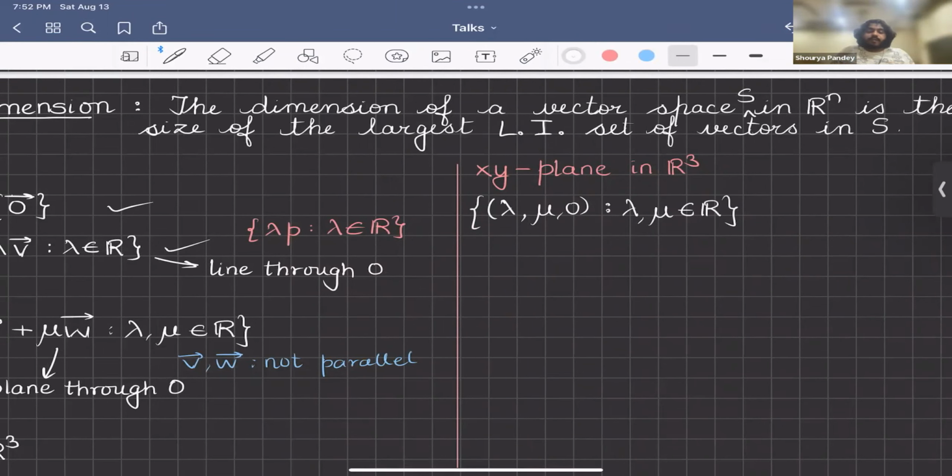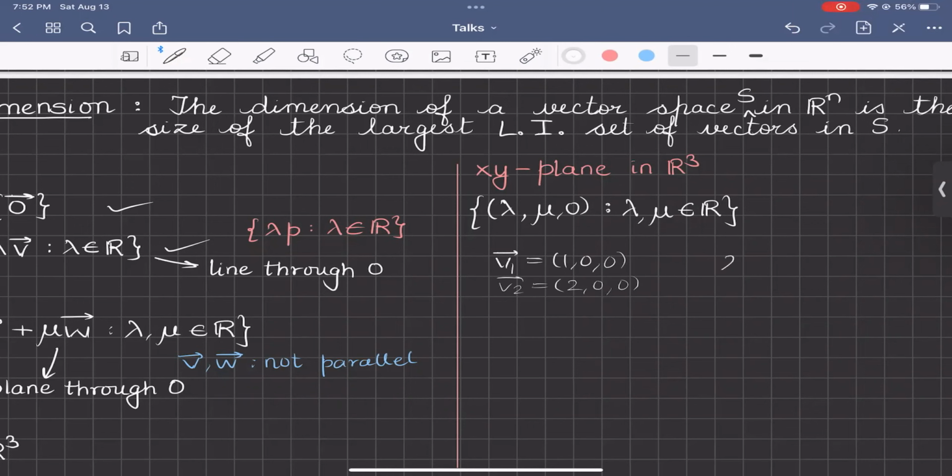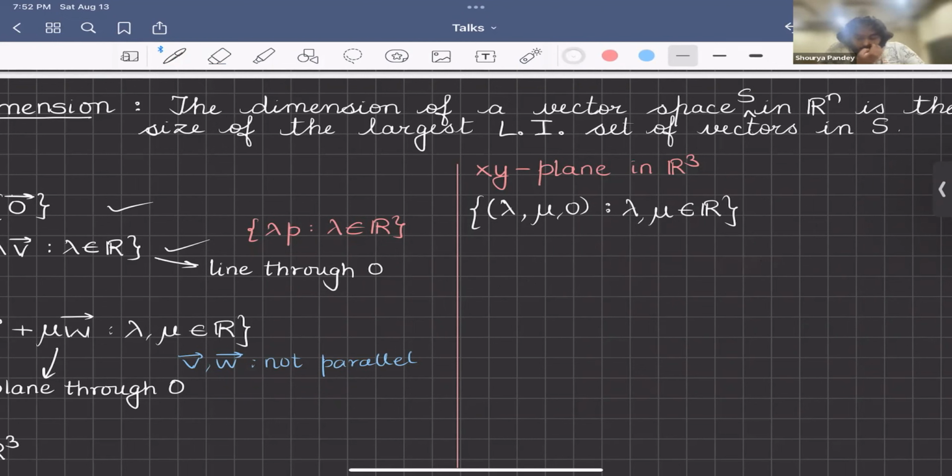So what's the size of the largest independent set that you can take from this? First of all, a whole R2 check. But that's not linearly independent, right? Because if I take V1 to be 1, 0, 0 and V2 to be 2, 0, 0, then these are not linearly independent because 2V1 is equal to V2. So I think the answer should be 2. Exactly.